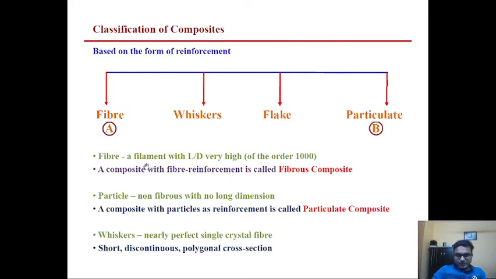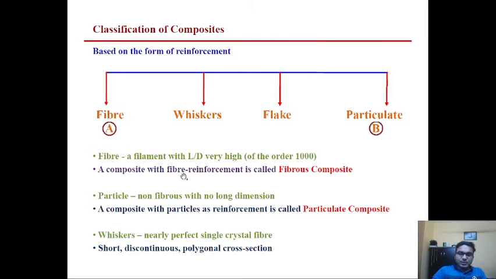A fiber is a filament with a very high L/D ratio. L stands for length and D stands for diameter. When this ratio is very high, it means the fibers have a very small diameter and are very long, so they are like very thin wires. This L/D ratio is of the order of 1000.